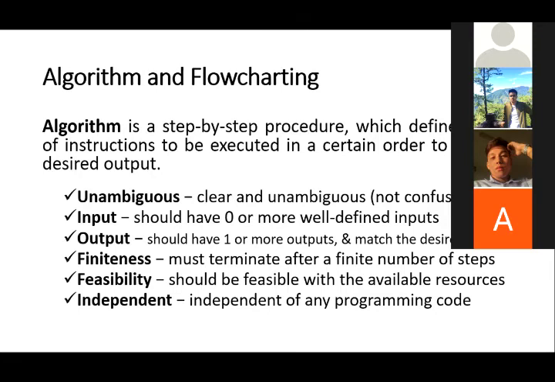Not confusing for you, for the user to understand. Ganun din siya sa computer. Kung hindi naintindihan ng user, mas lalong hindi yan maintindihan ng computer. Ikaw na may brain, hindi mo naintindihan yung program mo. Yung computer pa kaya na walang brain. Okay? So your algorithm should be precise, clear, exact, unambiguous, not confusing.